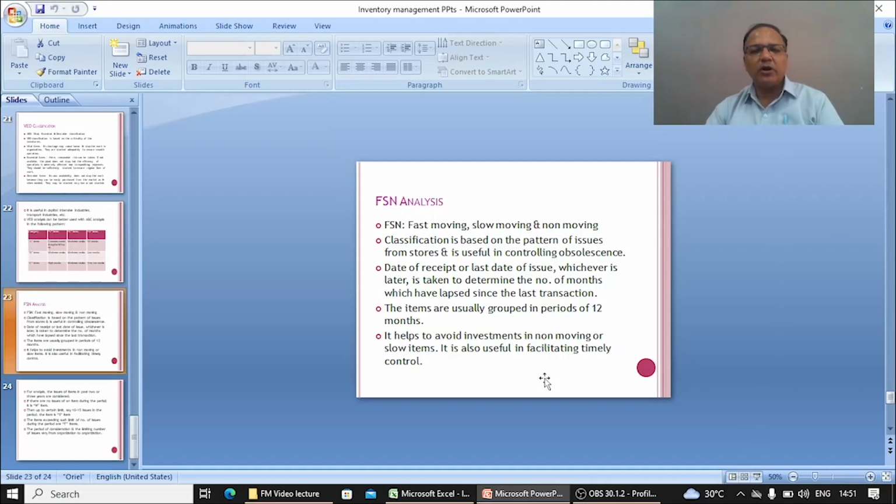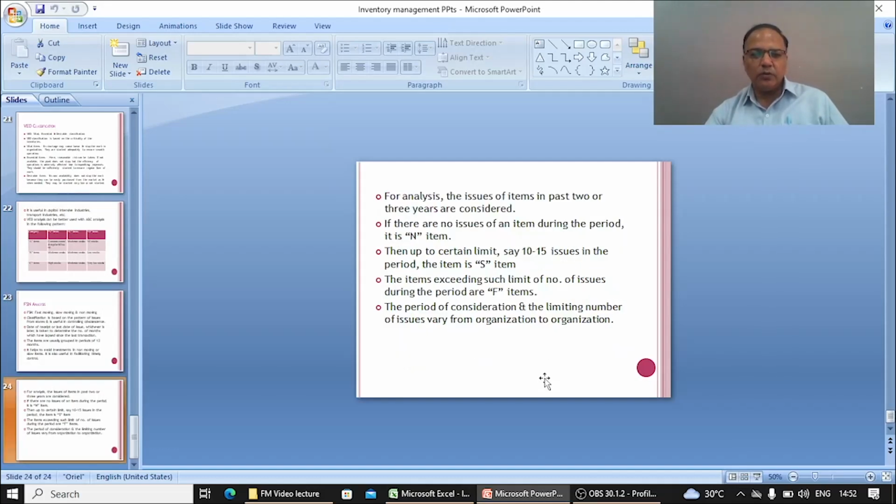Date of receipt or last date of issue, whichever is later, is taken to determine the number of months which have lapsed since the last transaction. The items are usually grouped in periods of 12 months. It helps to avoid investment in non-moving or slow items. It is also useful in facilitating timely control.